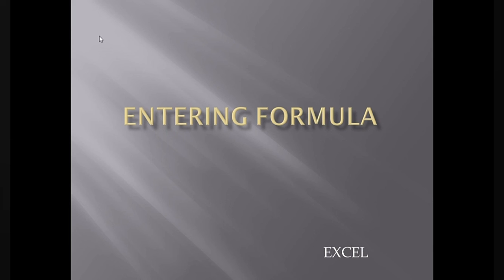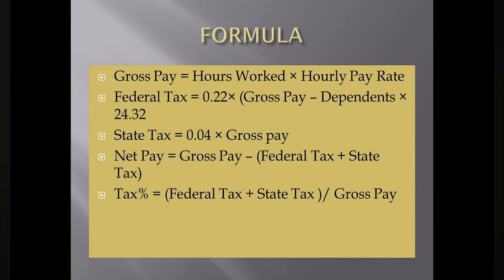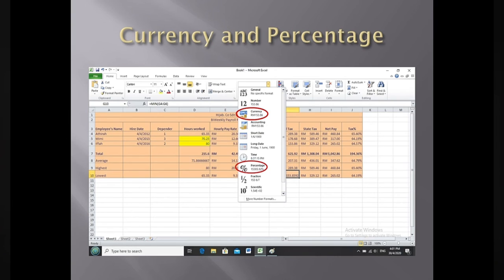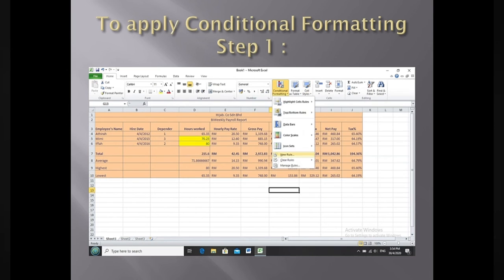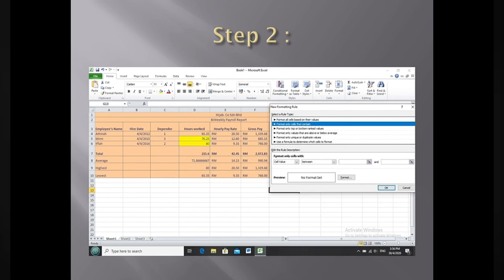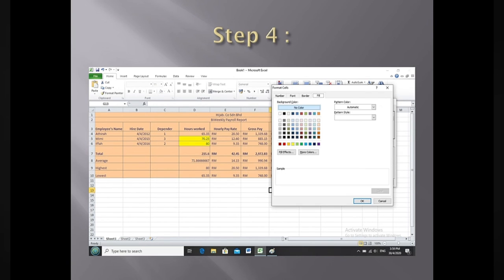So this is how to enter the formula. You can just refer to it. This is the formula, currency and percentage, style, choose whatever style that you want, and this is to apply conditional formatting, step 1, step 2, step 3, and step 4.